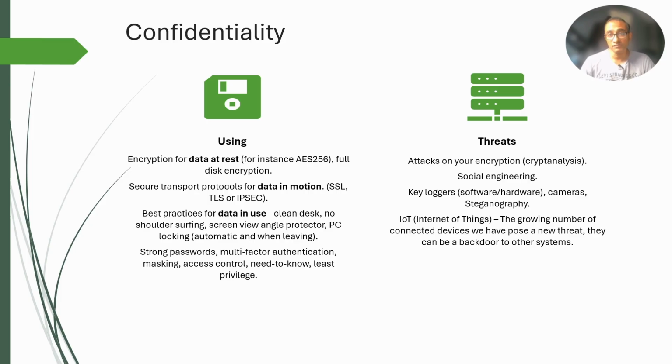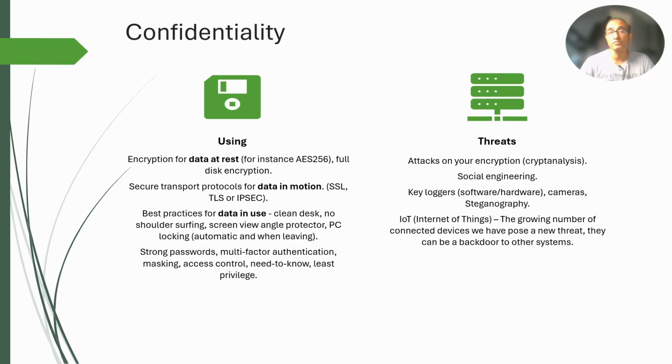How do we achieve confidentiality? We do so by means of cryptography at a very technical level. That is by using encryption for data at rest, and securing data in transmission using SSL, TLS or IPsec, the details of which we will see in later domains.